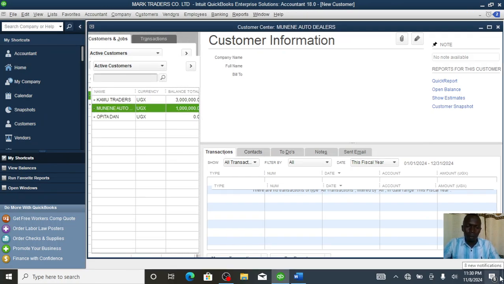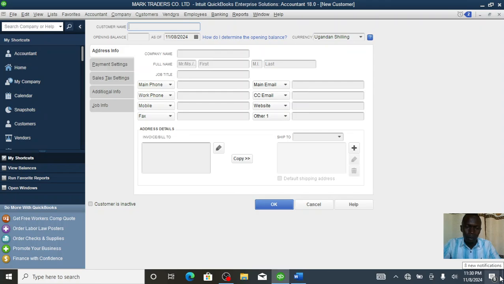Class Motor Spares. The opening balance is 800,000. Opening date, okay.